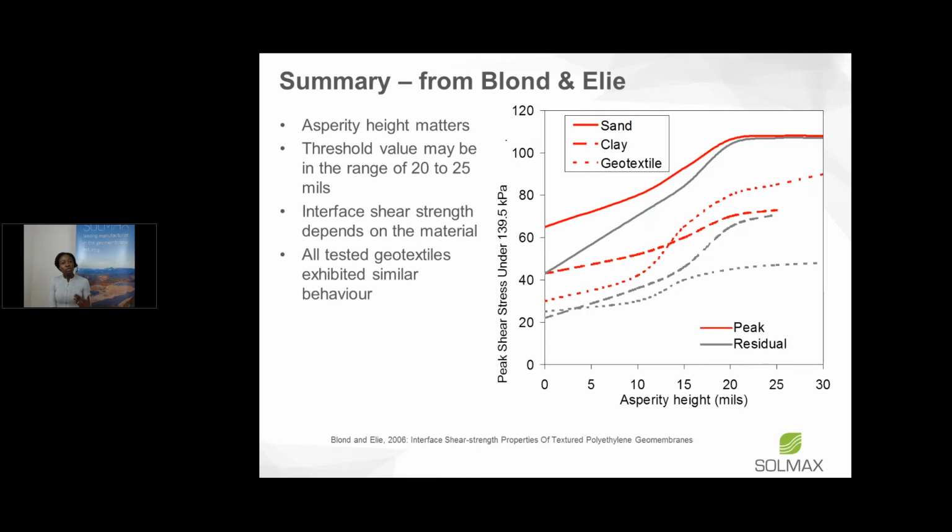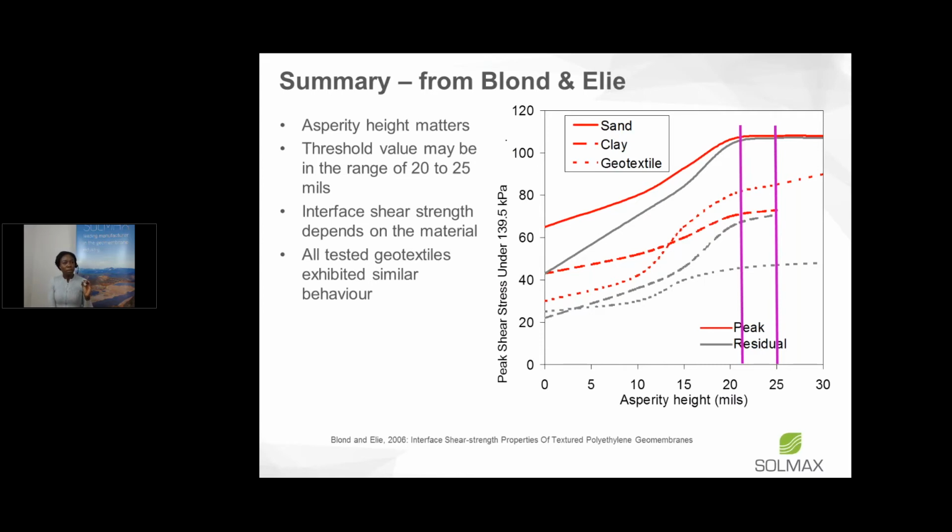So here is a summary from that study. What they concluded was that asperity height matters, right, for all of the materials tested for both the peak and the residual, or maybe not really residual, maybe post-peak or large displacements. Asperity height does matter.